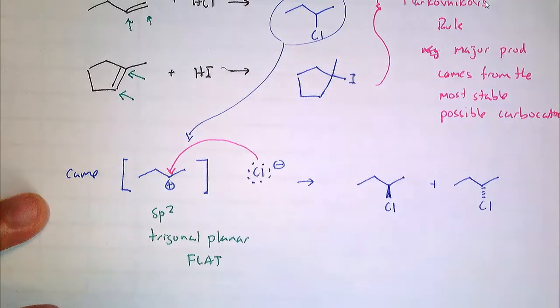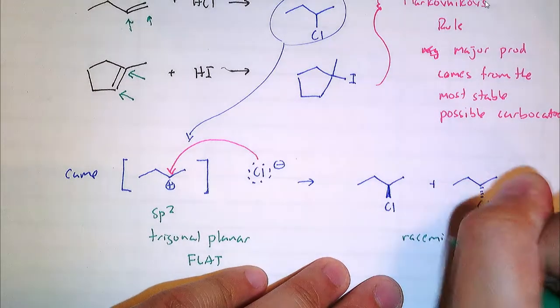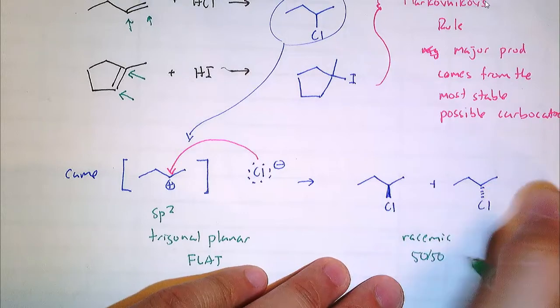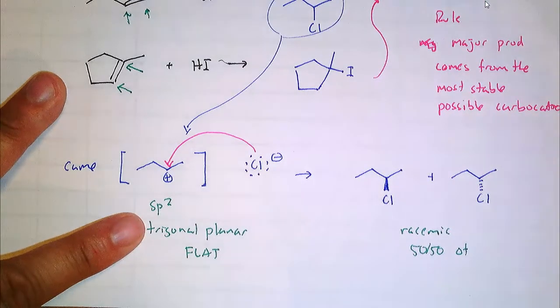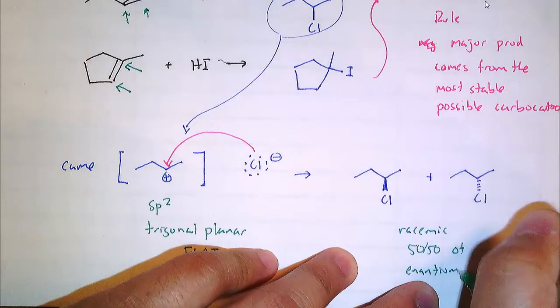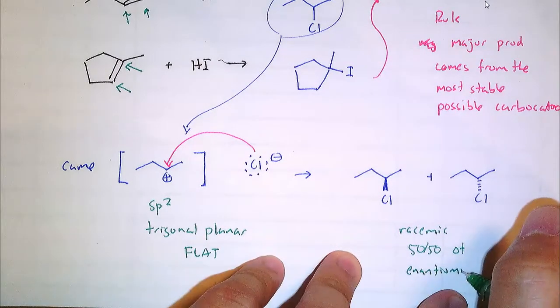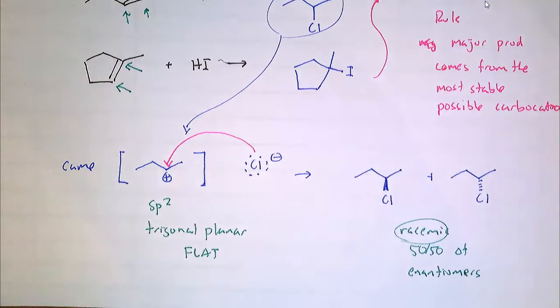This is called a racemic mixture because it's a 50-50 mixture of, you're not going to be able to escape stereochemistry, people, enantiomers. Racemic. A lot of times your professor will ask, does your reaction make a racemic mixture?